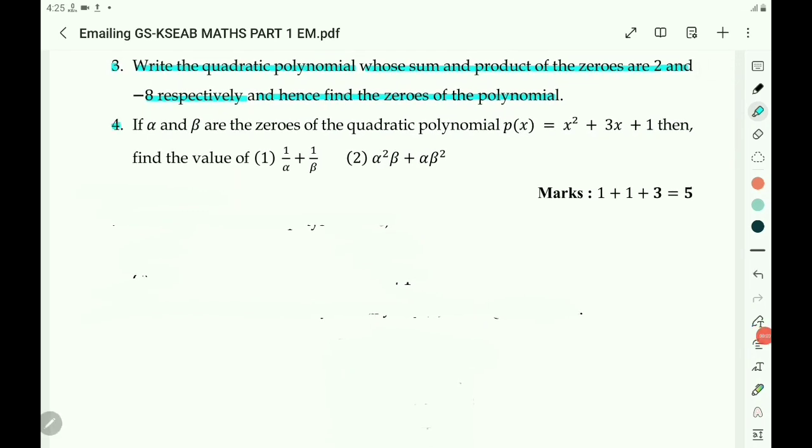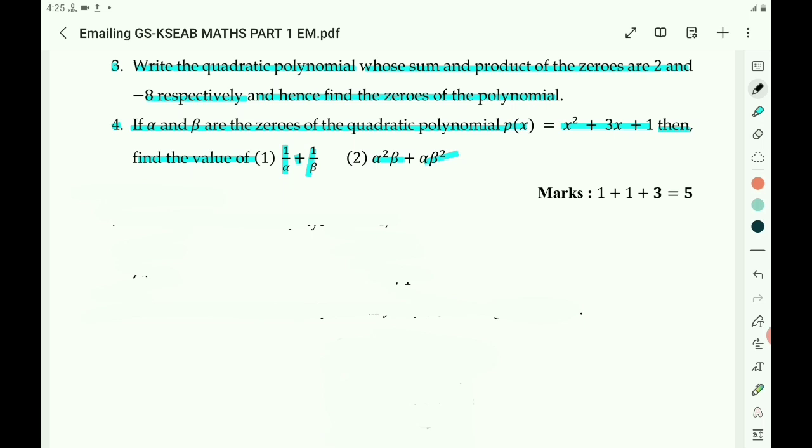Fourth question. If alpha and beta are the zeros of the quadratic polynomial p of x equals x square plus 3x plus 1, then find the value of 1 by alpha plus 1 by beta. First one. Second one, alpha square beta plus alpha beta square. For this, we have to find out the sum of the roots alpha plus beta and product of the roots alpha beta.